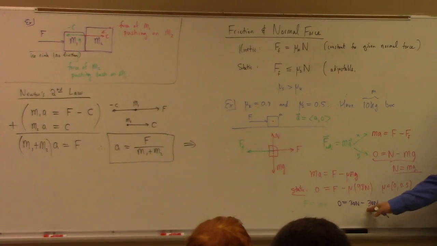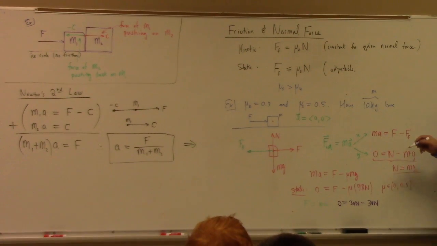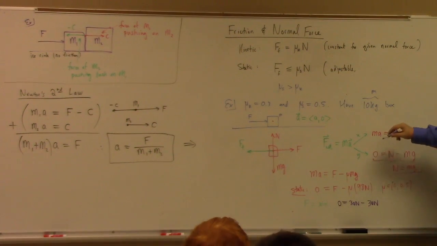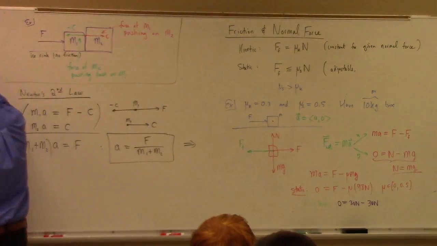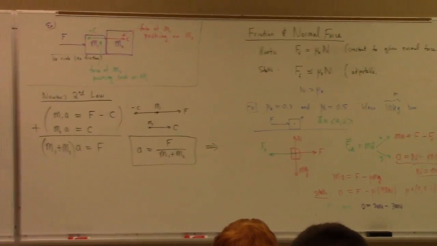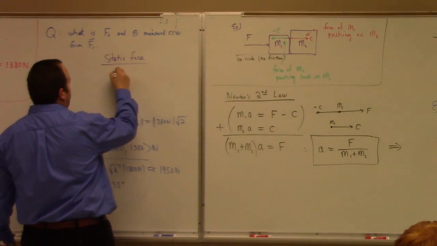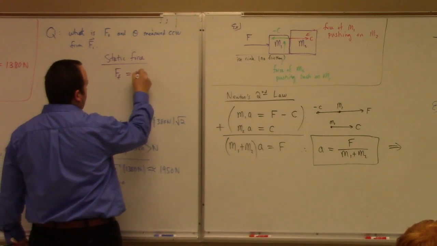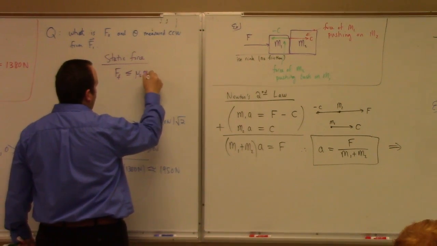So my question is, let me get to the point here. I've worked myself into a corner. It's my own stupid fault. But the static force, I always have a hard time communicating this because there's a lot of possibilities. But the static force of friction is less than or equal to mu sub s mg.